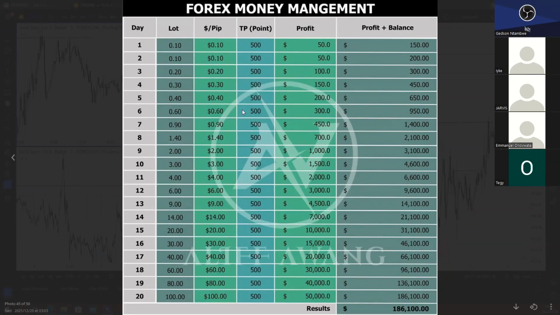This is 500 points. 500 points means you need 50 pips. Imagine opening 20 lots of 50 pips. Do you see how much it is?